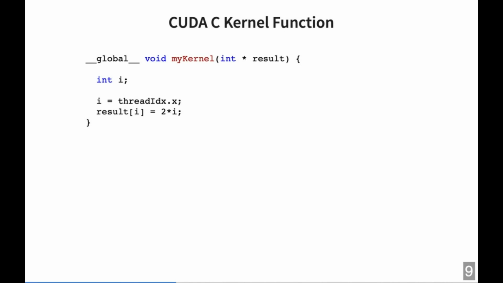And somehow we need to identify what is doing the job of the loop index, and this is replaced by this threadIdx variable, which is supplied by CUDA. Notice I haven't declared this threadIdx thing anywhere here. So the other thing to note about this CUDA C function is that it must be declared as void. It does not return a value.